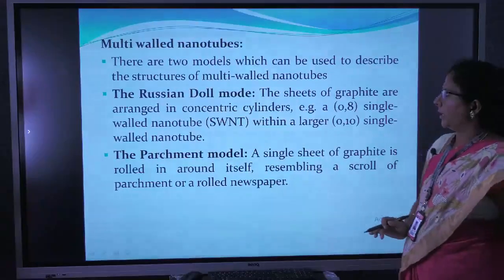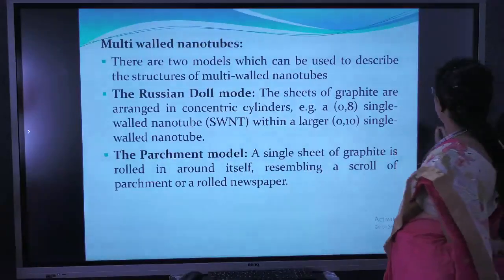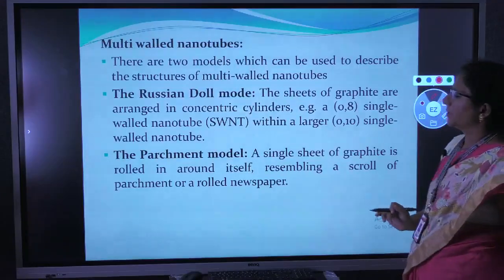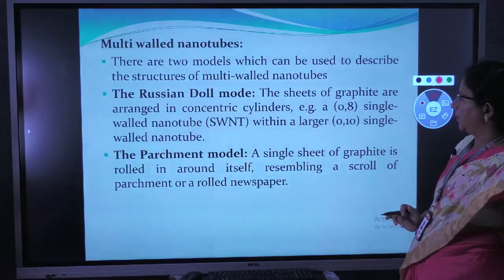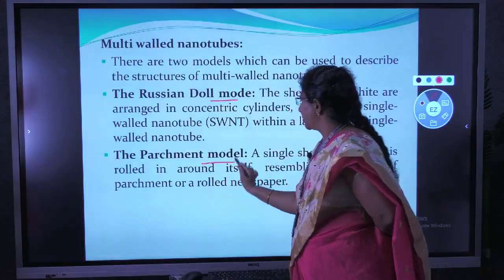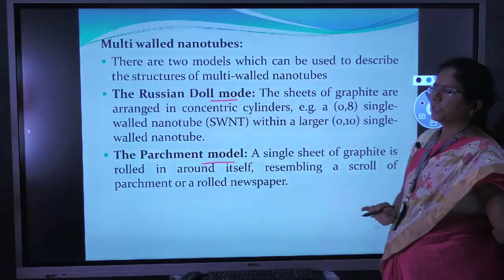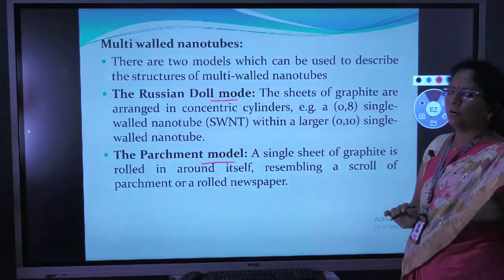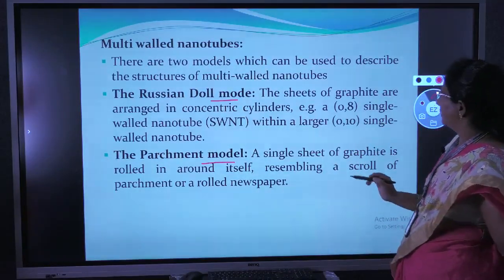Coming to multi-walled carbon nanotubes, there are two models which can be used to describe the structure of multi-walled carbon nanotubes: the Russian doll model and the parchment model. In the Russian doll model, the sheets of graphite are arranged in concentric cylinders.